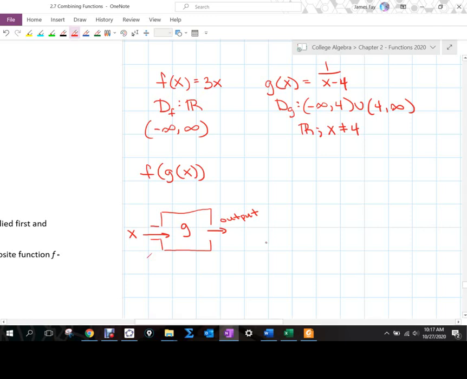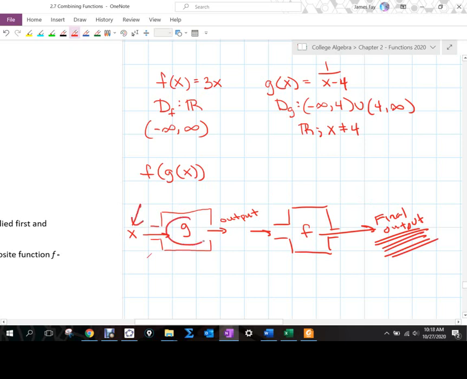So I need a defined output so that I can actually run that through. What would be the next function that I run it through? I run it through f, and that's going to then spit out my final output. Okay. So to get this final output that is a real number, this x needs to be defined for g, meaning that g's domain is kind of the governing domain for f of g of x.